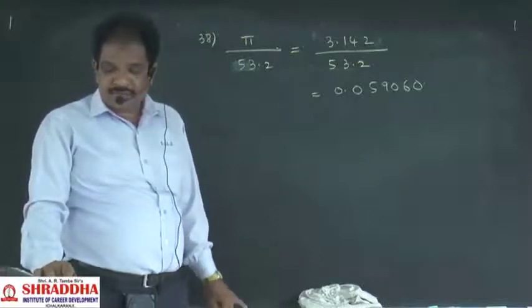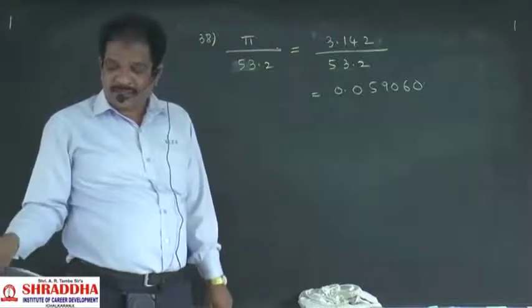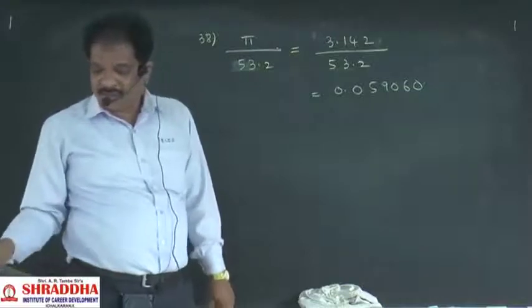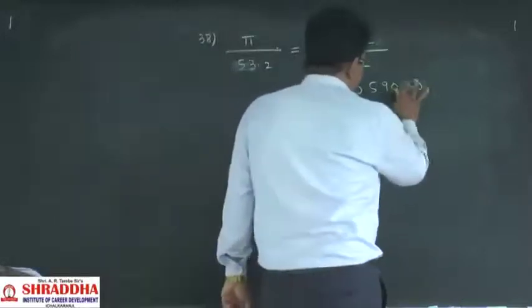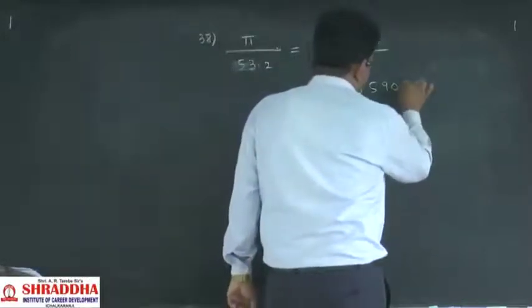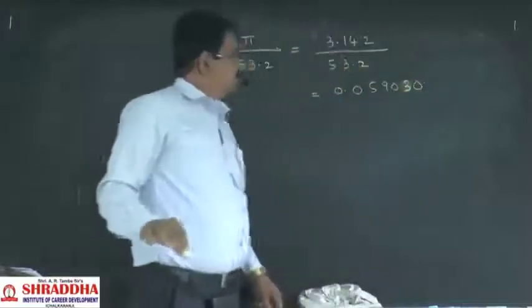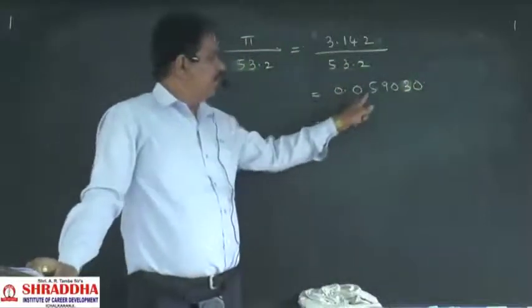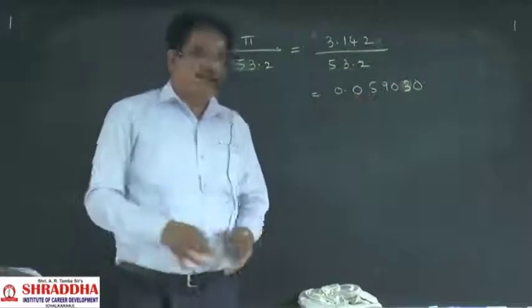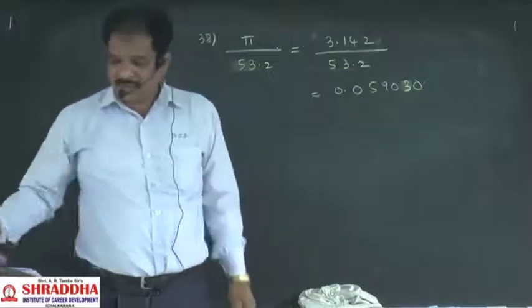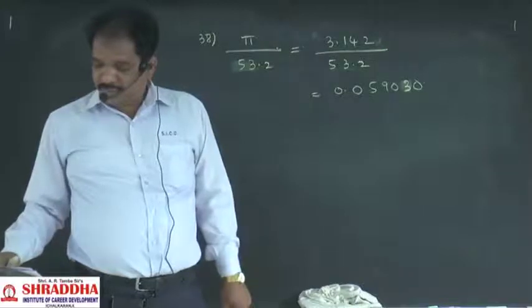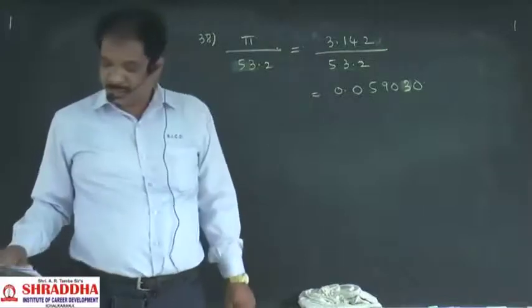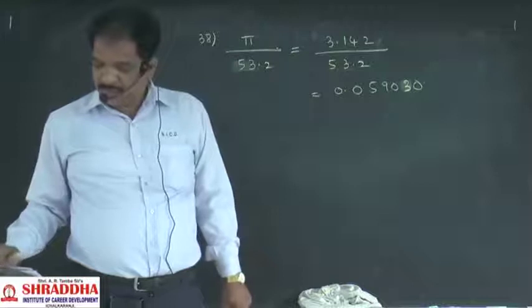So discard this last digit. What options did they give? 0.0590, yes, we will resolve here. 3.142 divided by 53.2.